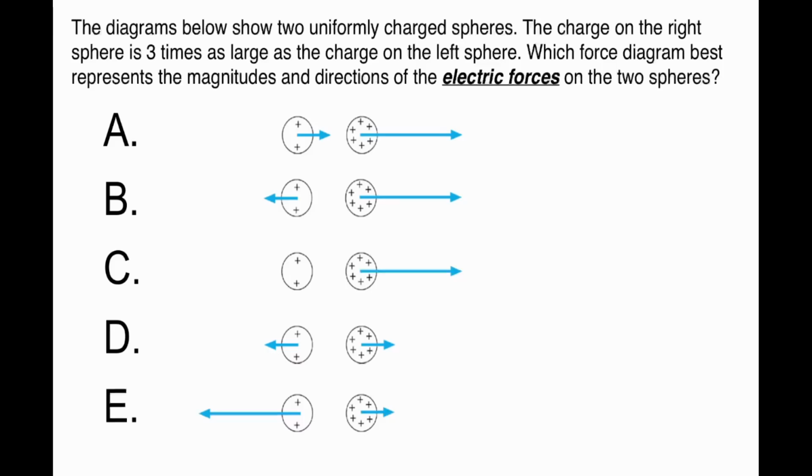Can the one with more charge exert a bigger force on the other charge? If you push somebody, what do they do? They push back. Gravity's trying to pull me into the floor with about 180 pounds of force. The floor is pushing back on me with 180 pounds of force. How do I know?